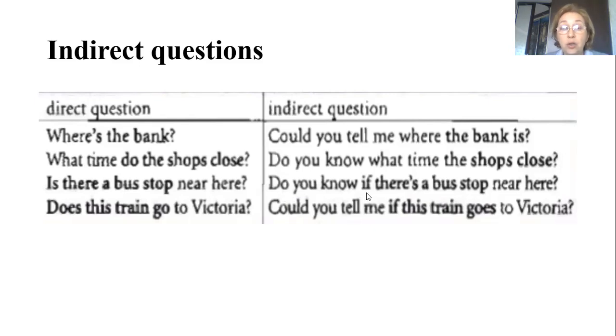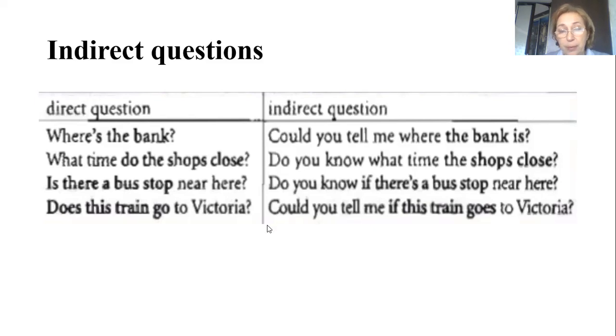And we should add the word if. If we involve general questions, we need to add if. And then we change is there to there is. So if there is a bus stop near here, this is the direct order of words in this part of the sentence.